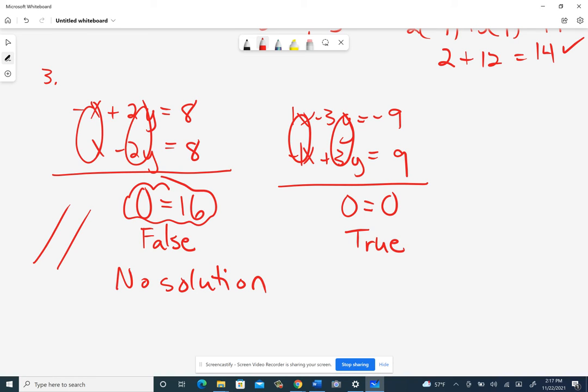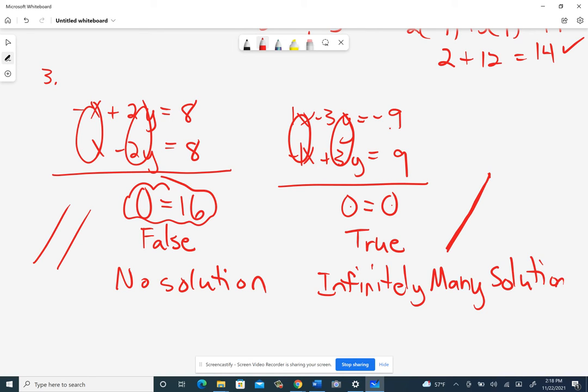Okay? Now, when you get a case like this, where you have something that's always true, still a special case, it's this situation. You wind up having infinitely many solutions. Okay?